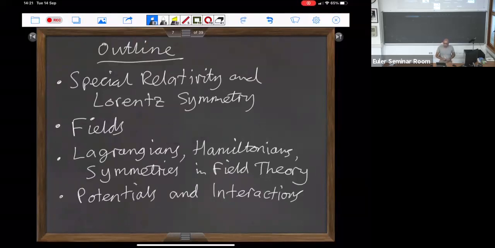Okay, so the general outline of the course will be, we'll begin today with a description of what special relativity and Lorentz symmetry are. Then we will go on to introduce fields and explain that in order to have Lorentz invariant quantum mechanics, really you have to go to field theory in some sense.